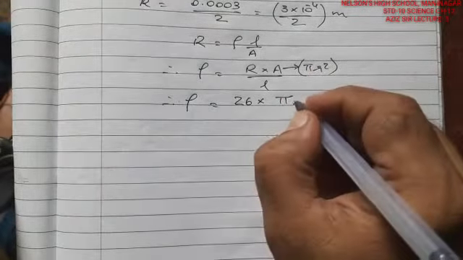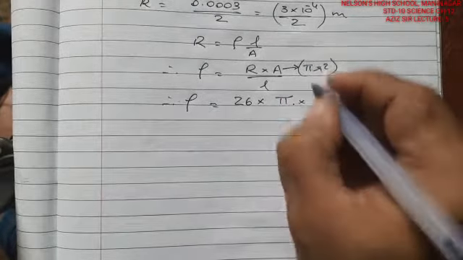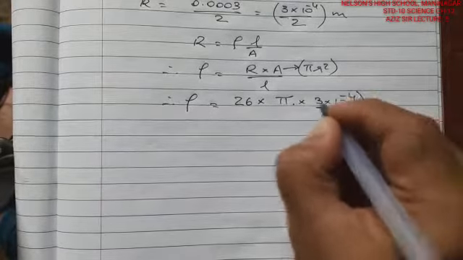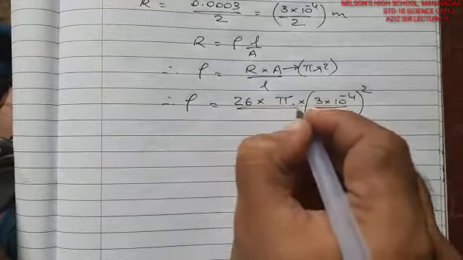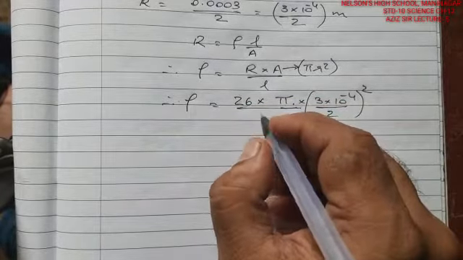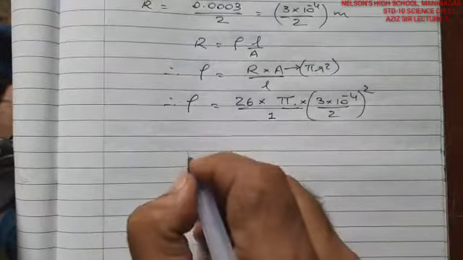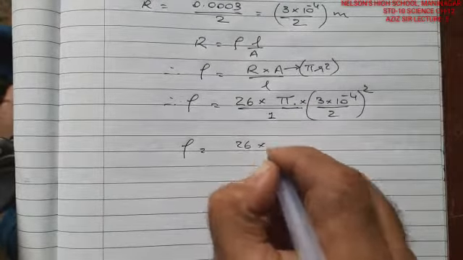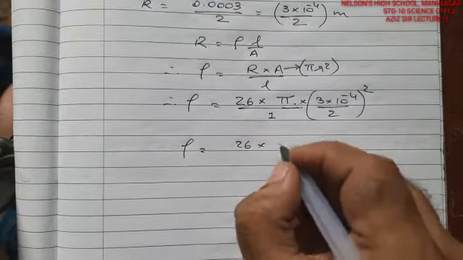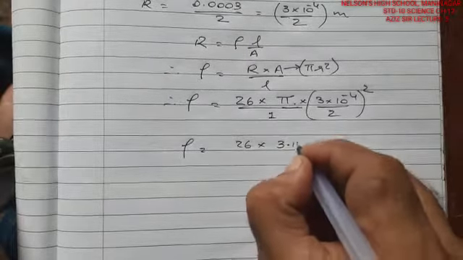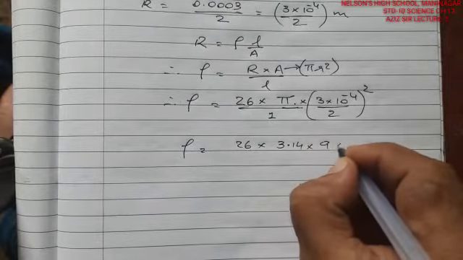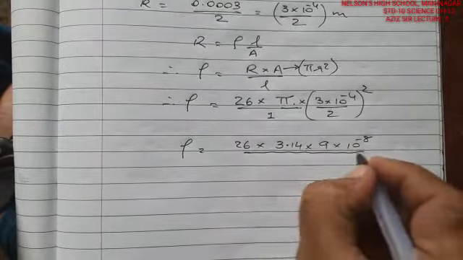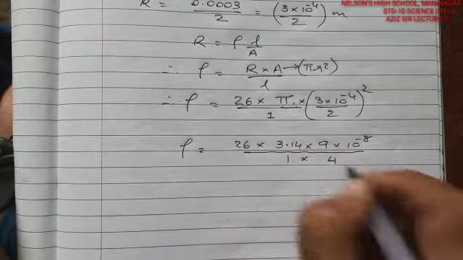So here the value of pi multiplied by r, which is 3 into 10 raised to minus 4 divided by 2, as a whole square, and the lower part L is 1 meter. So we will keep it as 1. Making it more precise, we will go further. 26 multiplied by 3.14 for pi, 3 square is 9 and 10 raised to minus 8, multiplied by 4 as a whole, 1 multiplied by 2 square as 4.